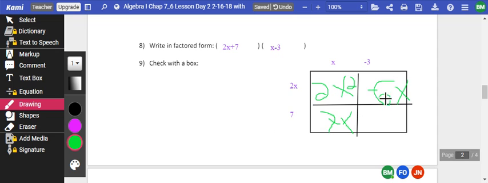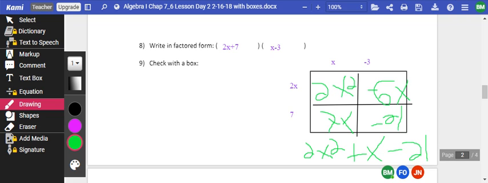And 7 times negative 3 gives me negative 21. And I do end up with 2x squared plus x minus 21. So that factoring by grouping and multiplying those makes this a lot easier.